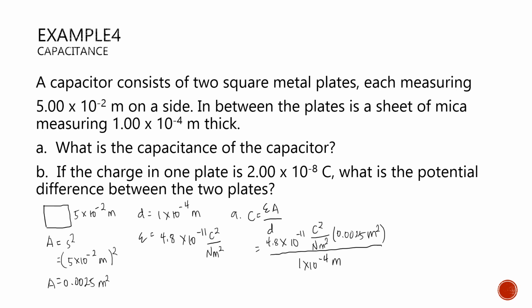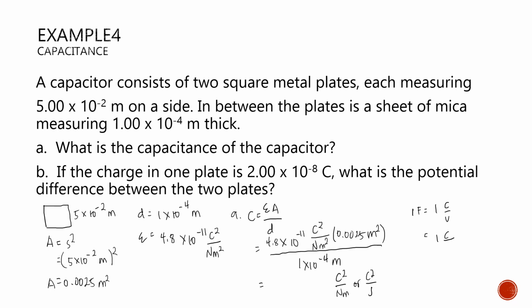Checking the units for dimensional analysis, we cancel out meters squared, so we get coulomb squared per newton meter, and that's coulomb squared per joule. Would it be equal to farad? 1 farad is 1 coulomb per volt, and we know that 1 volt is 1 joule per coulomb.